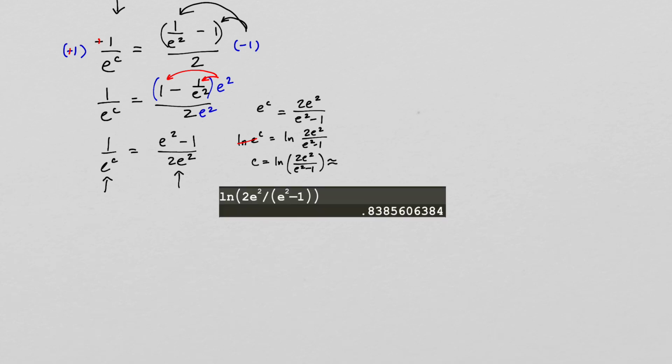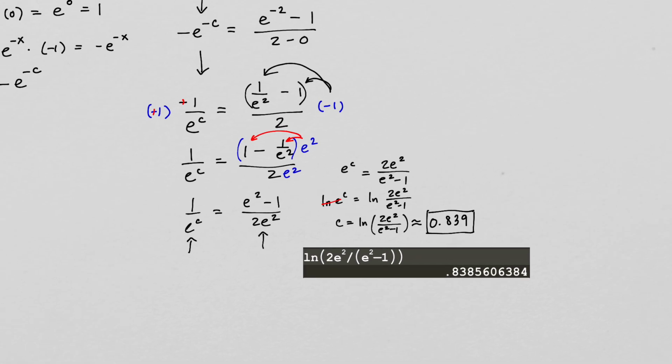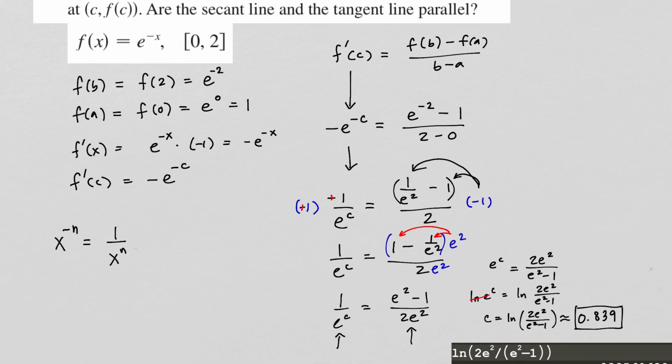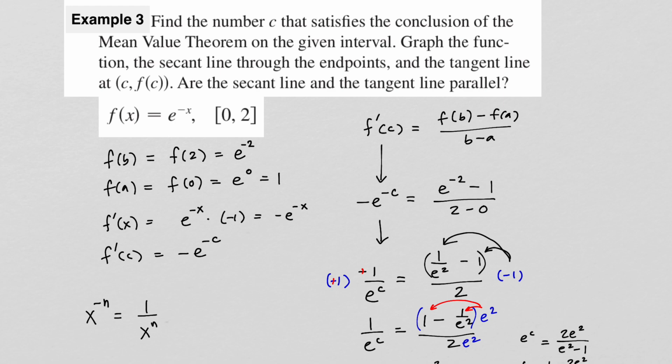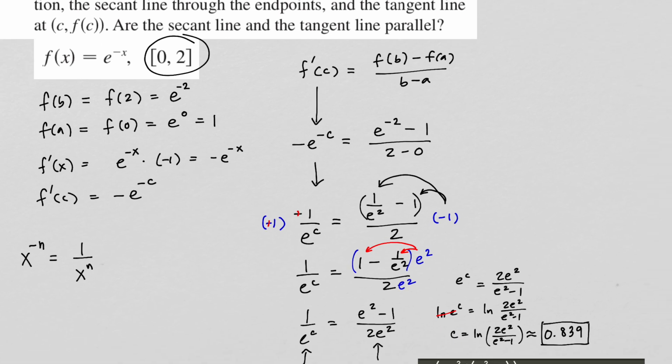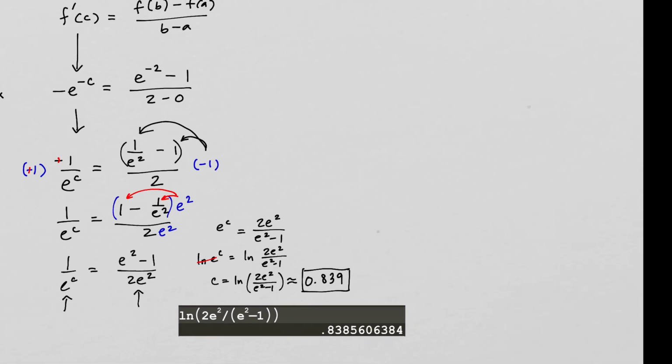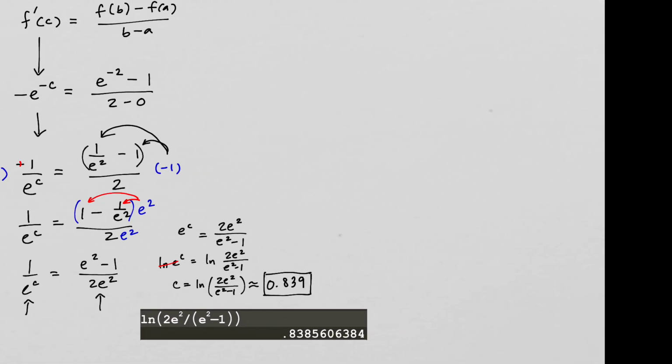And we can see this approximation is about 0.839. And let's remind ourselves that that number is acceptable because the mean value theorem says your number has to be between, in this case, 0 and 2. And 0.839 is between those numbers.